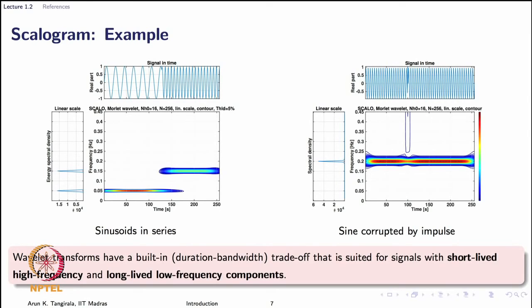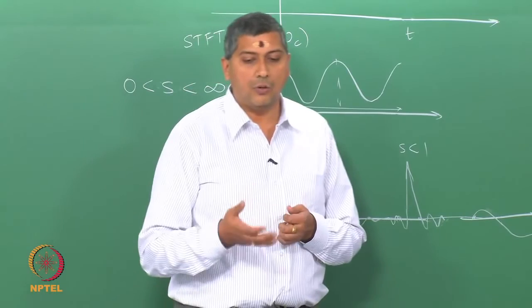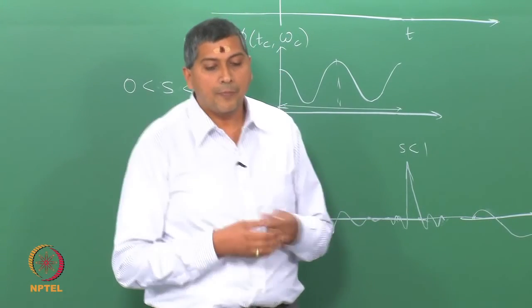So, let us look at an example of what is known as a scalogram. This is analogous to spectrogram and spectrum and so on, where we compute the transform and take the magnitude square. The scalogram is also obtained by first computing the wavelet transform and then taking the squared magnitude, and the example signals that we have taken are the same that we have taken before in the case of Fourier transforms and short time Fourier transform.